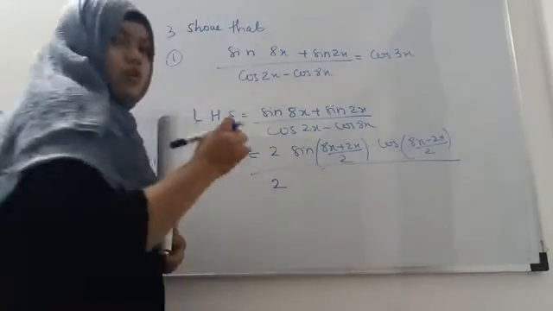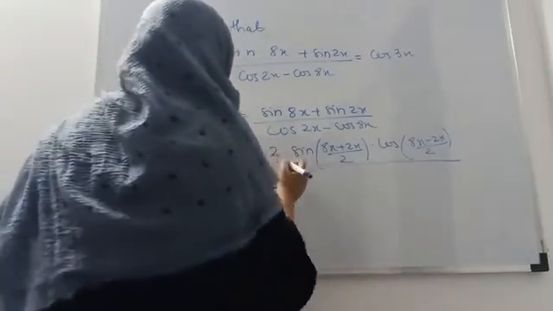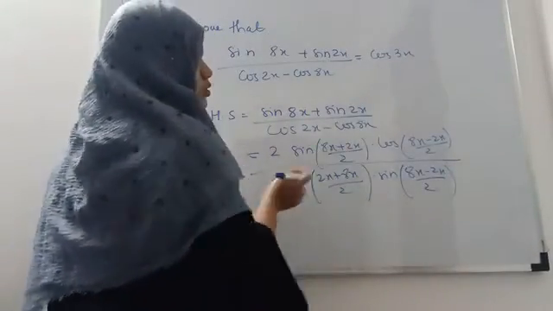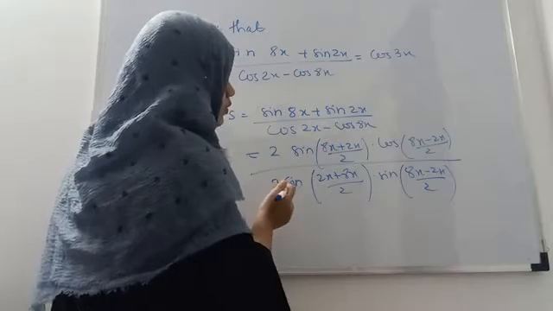I am just absorbing the minus sign, so this is 2 sin((2x + 8x)/2), oh, it should be sine, not cos, into sin((8x − 2x)/2). So 8x + 2x is 10x, and 10x upon 2 is 5x.